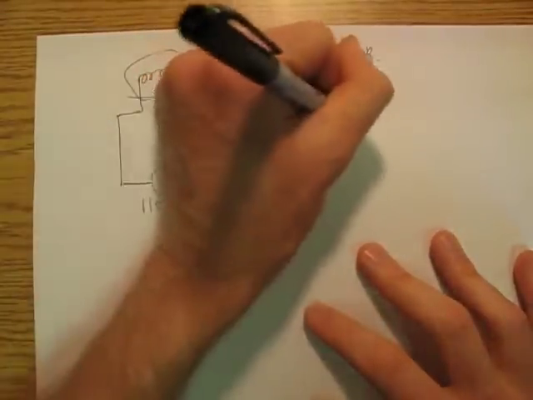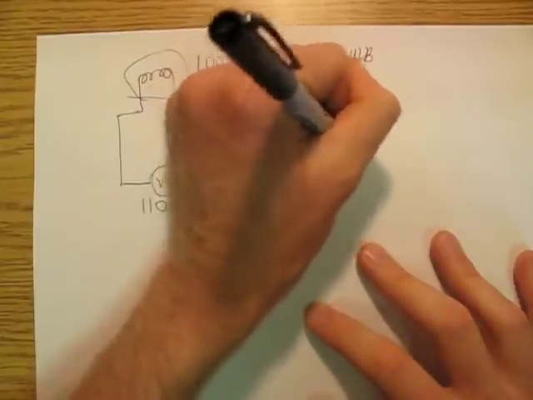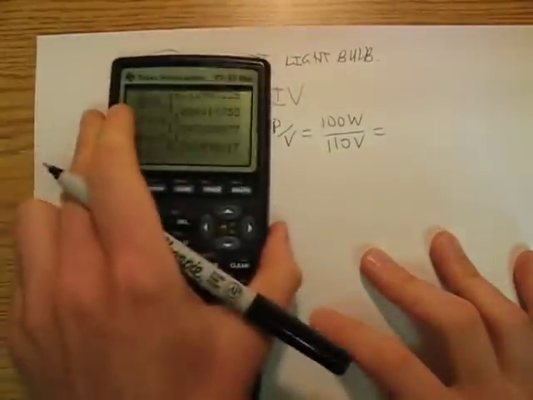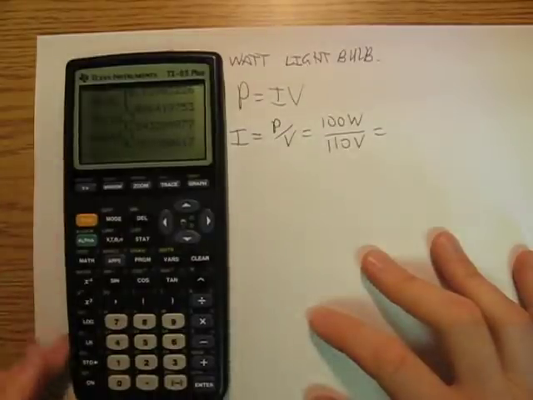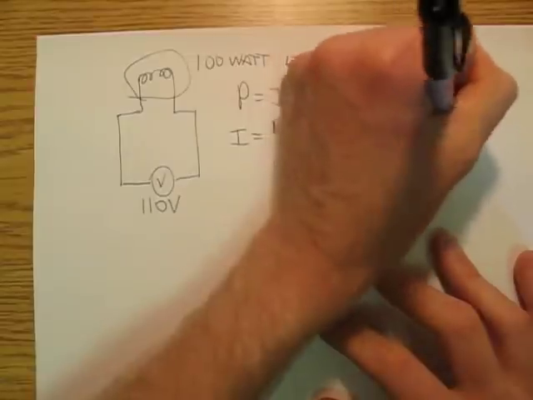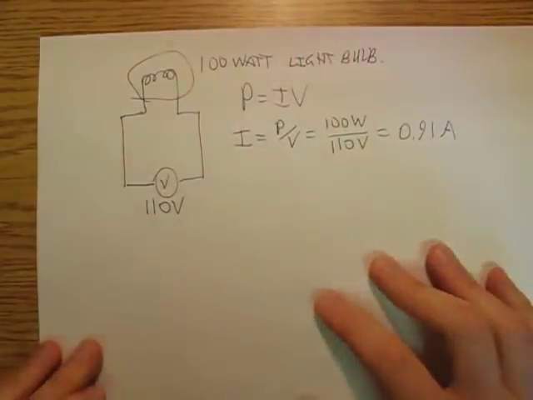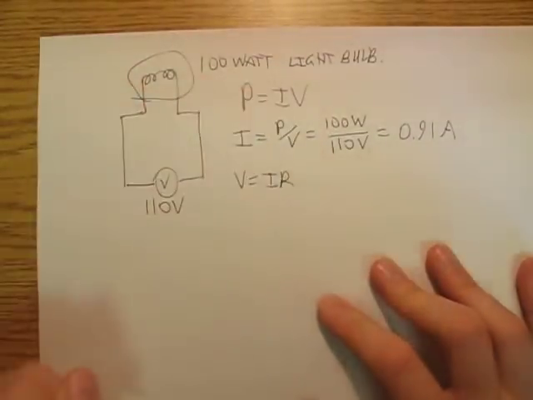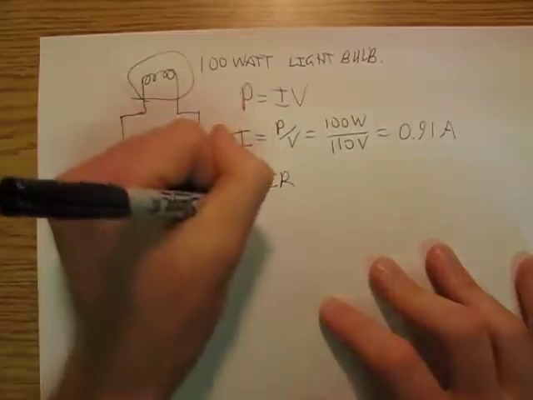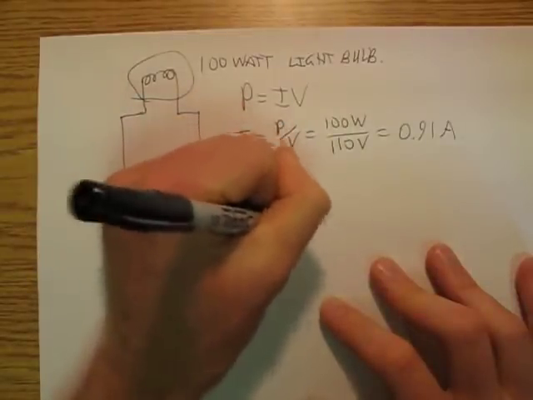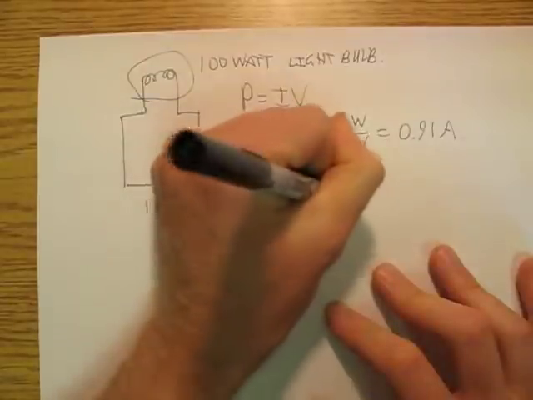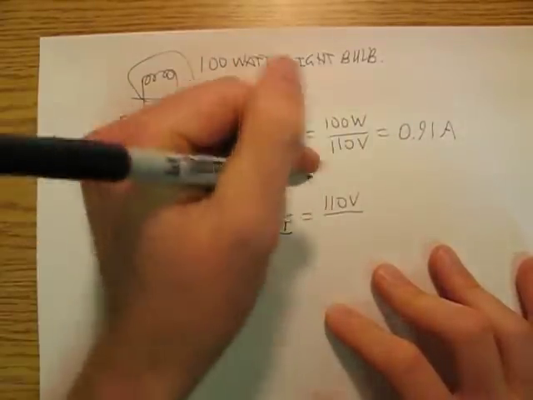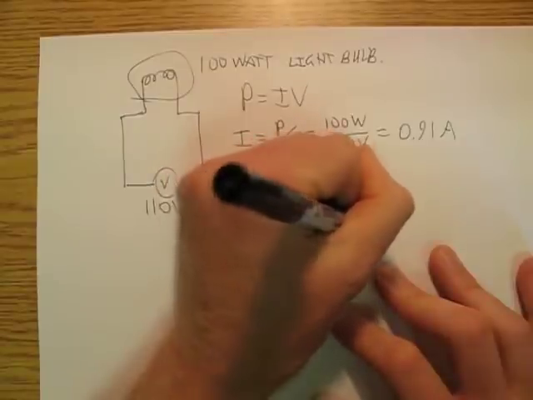So I got 100 watts divided by 110 volts, and so that's going to draw a current of 0.91 amps. Okay, now I also have V equals IR, and so now let's solve for R. So R is V divided by I. So my voltage is 110 volts and my current is 0.91 amps.